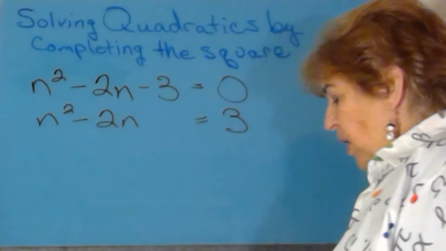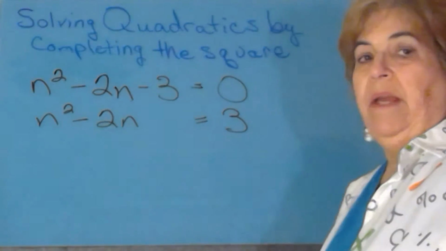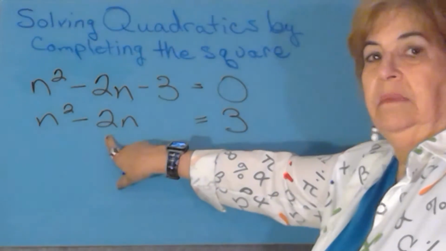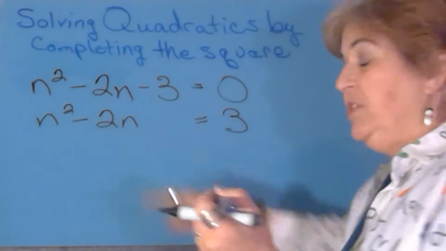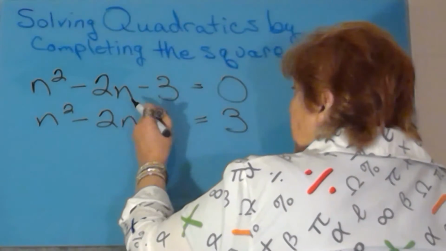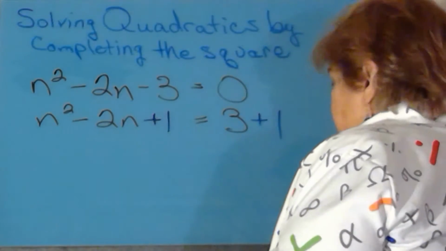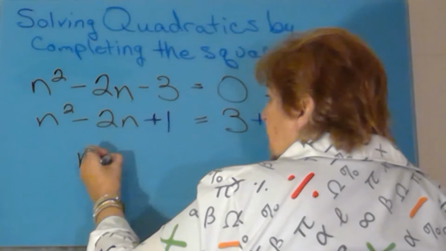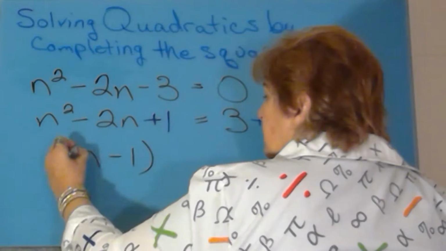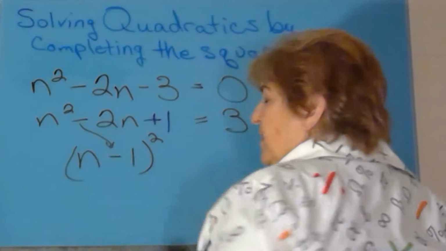Now, what am I going to add to both sides? Take half of that and square it. Half of 2 is 1, and if I square that, I just have 1. So I now have n minus 1 squared. Don't forget, we always use that sign.